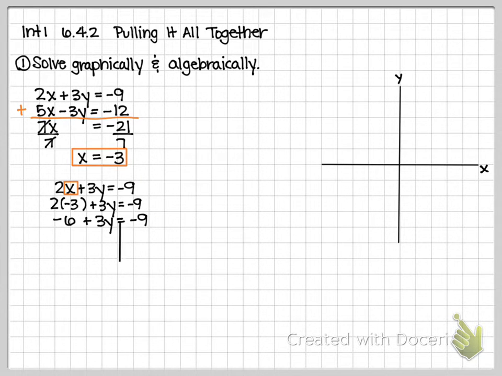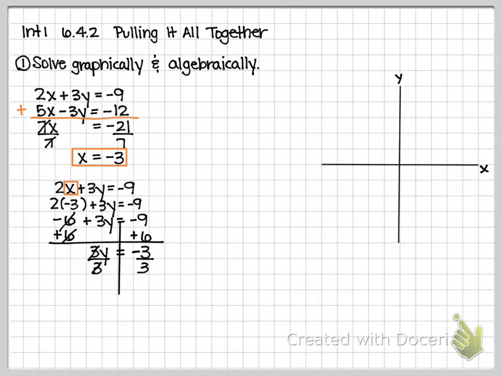Now let's solve this equation. I think I'm going to need to move the 6 to the other side. Negative 6 plus 6 disappears. Drop the 3y straight down. Combine those, and that gives me a negative 3. Divide both sides by 3.